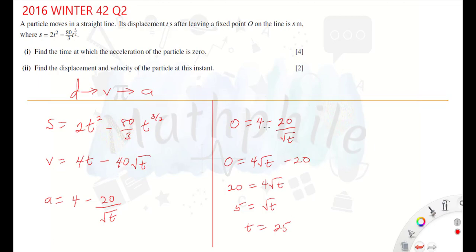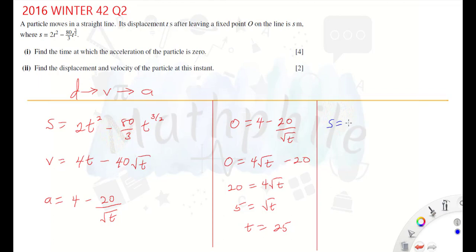Is that okay? Yes. Okay, so the next part says we should find the displacement and velocity at this point. What do you think we're going to do for this? You just put your t inside the displacement function.